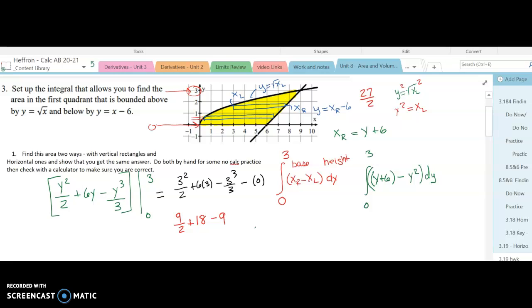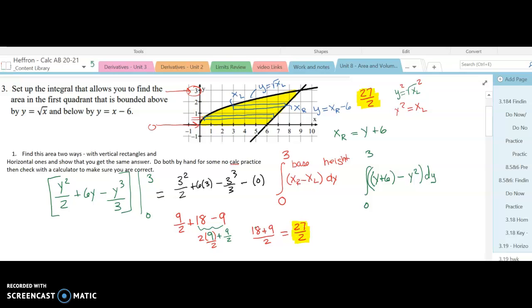So we're really looking at 18 minus 9 is 9 plus 9 over 2. Find a common denominator. 2 times 9, 18 plus 9 over 2, or 27 over 2. That was the same answer we had before.